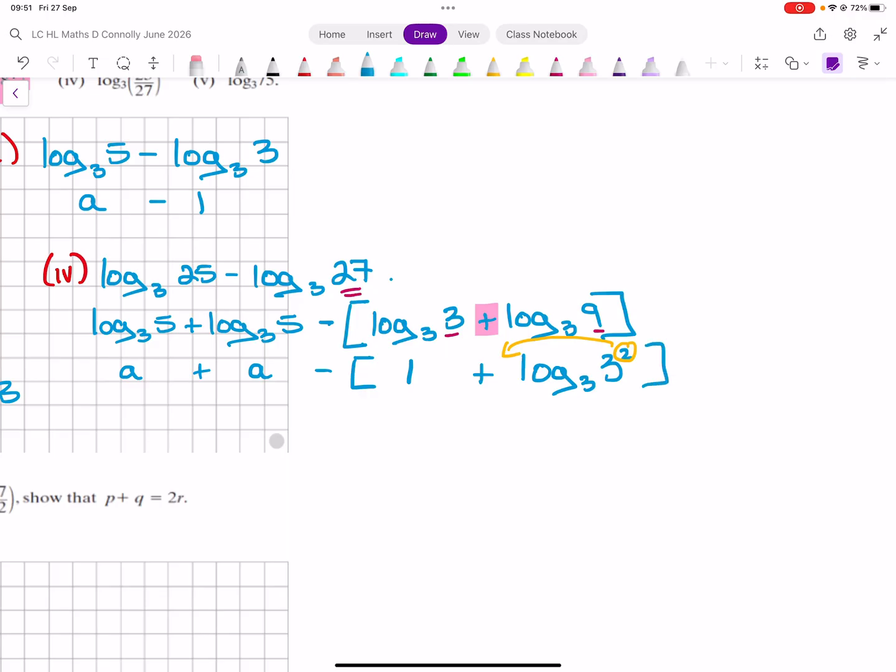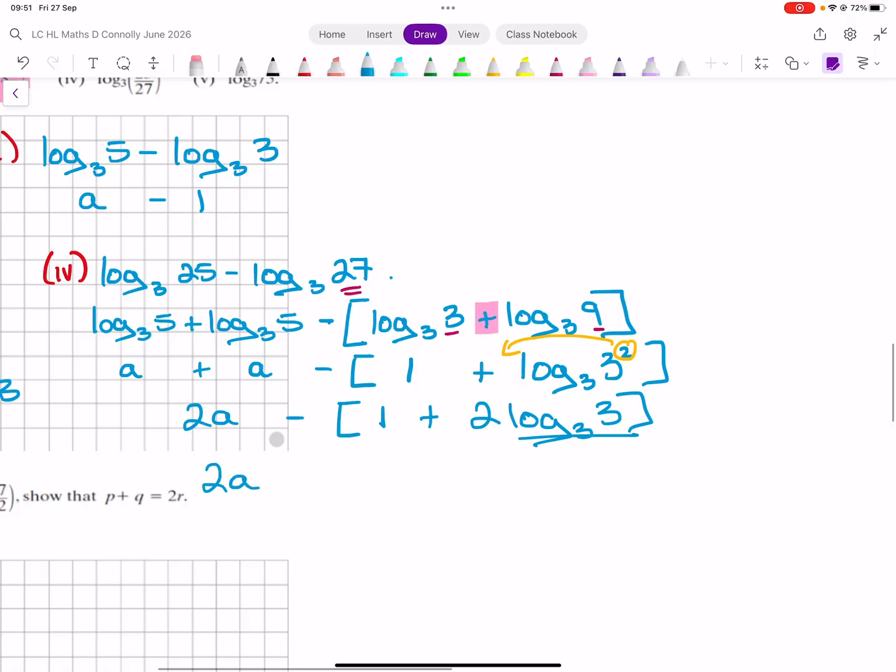Okay, so a plus a is 2a, minus 1, plus 2 log to the base 3 of 3. And log to the base 3 of 3 is 1. So we get 2a minus 1 plus 2 times 1. That's 1 plus 2 is 3.